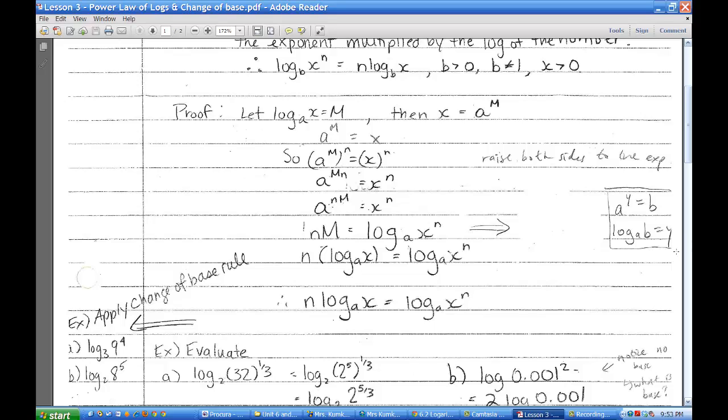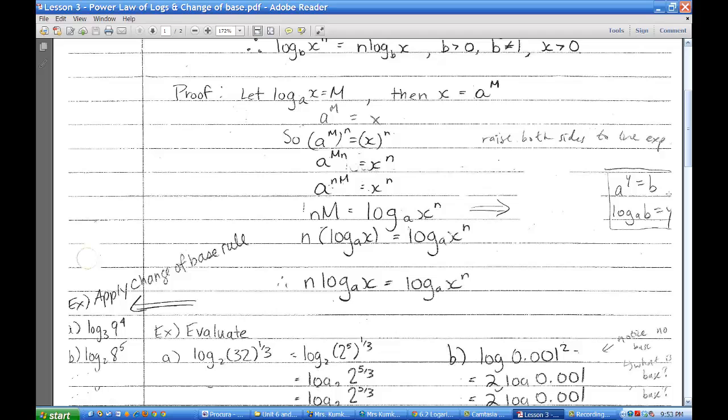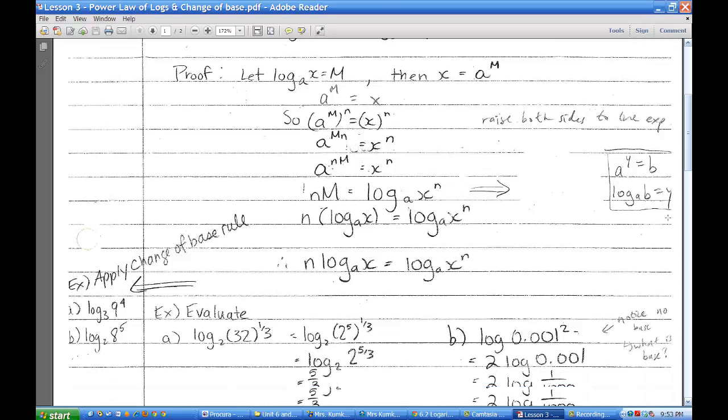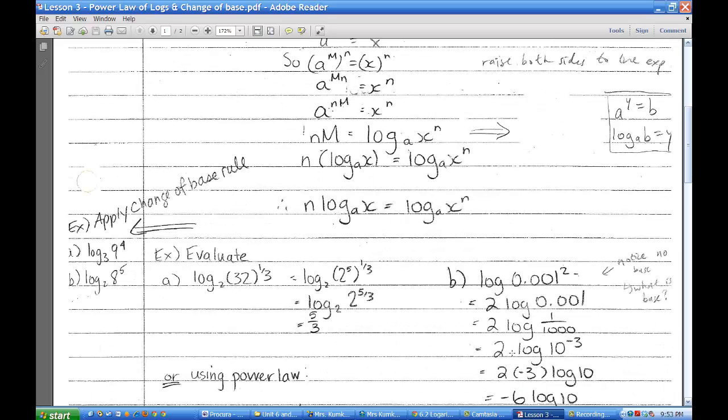Alright, let's look at some real life examples, basically when we're going to be using it in terms of numbers. Okay, so log base 2 of 32 to the power of 1/3. I want to find the exponent that 2 was raised to get 32 to the power of 1/3.